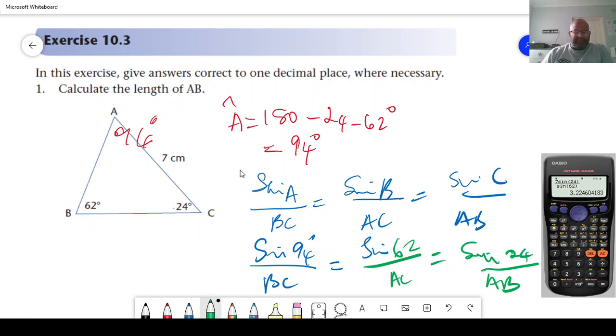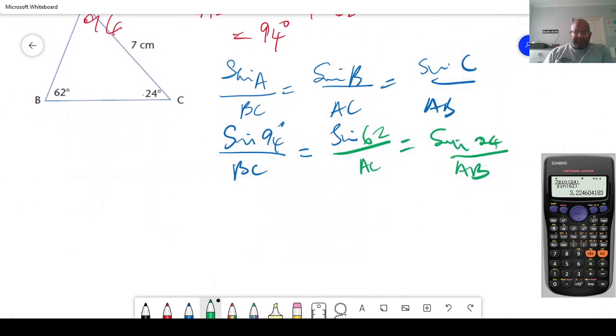And that is what they want us to calculate, AB. So that is the ratio needed.